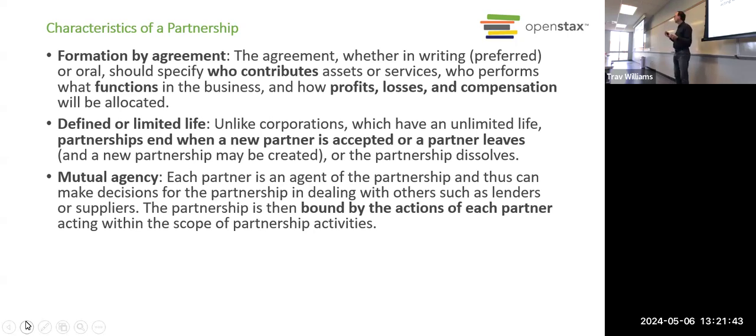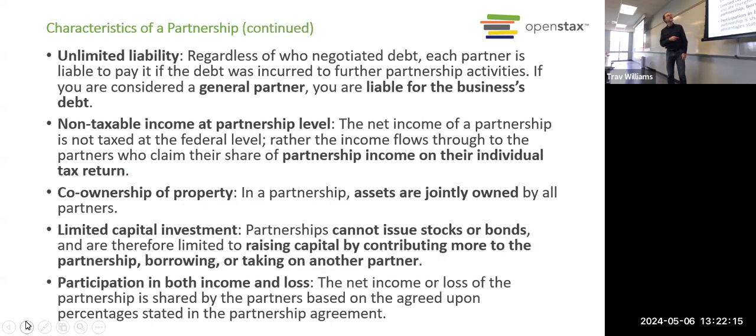But if they're a general partner, they are making decisions on a day-to-day basis for the business, and they have a right to as a partner. So that can create some issues. What if you think something should be done one way, and the partner thinks it should be done another way? That can create conflict, and you're kind of stuck because you're in this partnership together, right? The only way to get out of it would be to dissolve it.